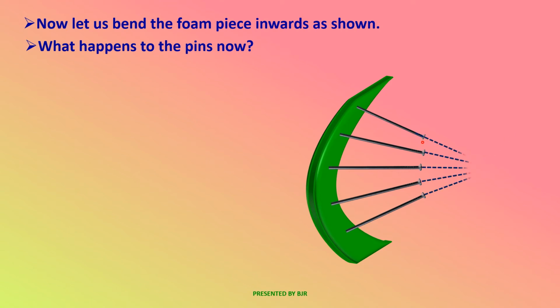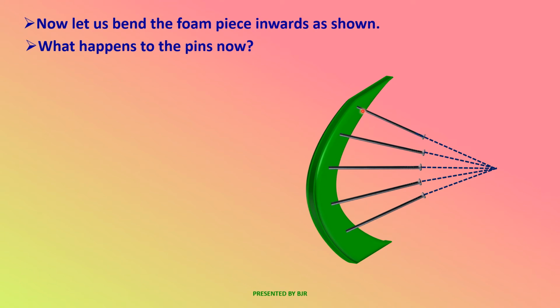See here, if we draw a ray like this, it will come like this. So all these extensions of the pins would converge to a point here. That's why all the pins again represent normals only.